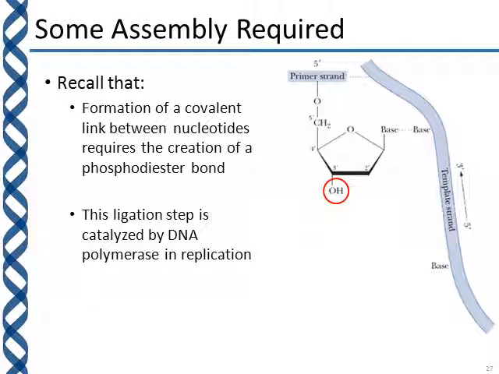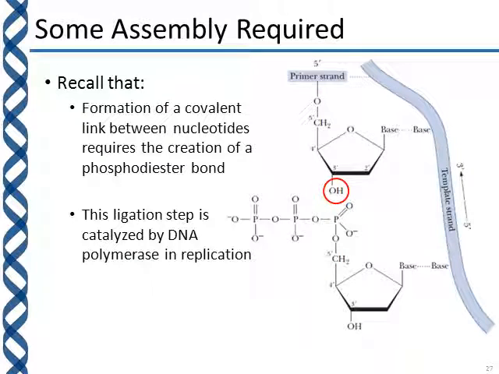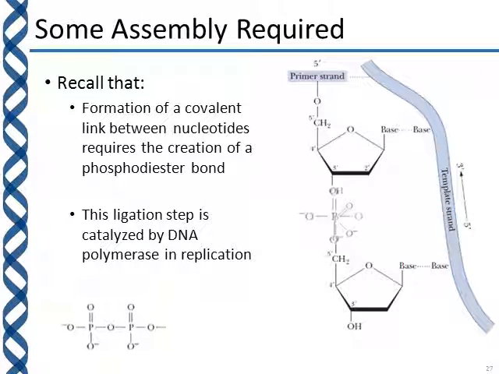You notice the hydroxyl on the 3' carbon will interact with the phosphate group on the next base. You now create a phosphodiester bond, with the loss of a diphosphate.